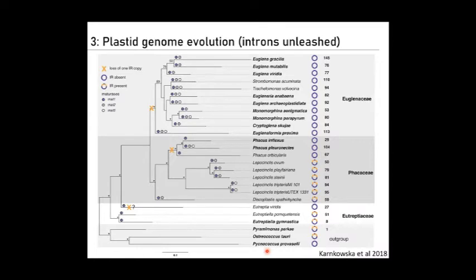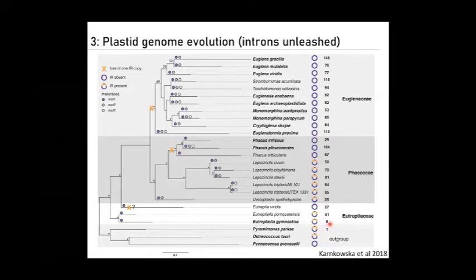The third challenge that I see is to understand the plastid genome evolution, which, as you know, euglenophytes inherited from green algae, and the plastid genome originally, as nicely depicted in this figure from Ania Kankowska's study, contained inverted repeats and one type 2 intron.